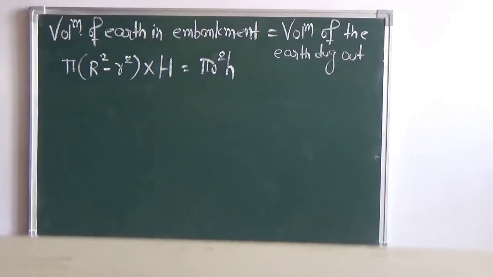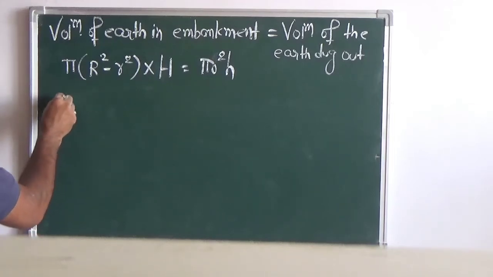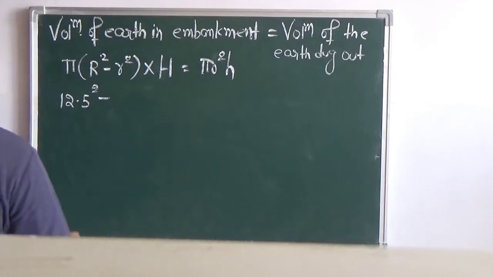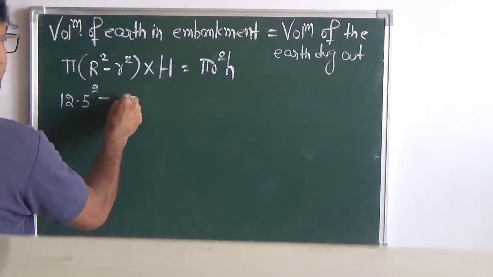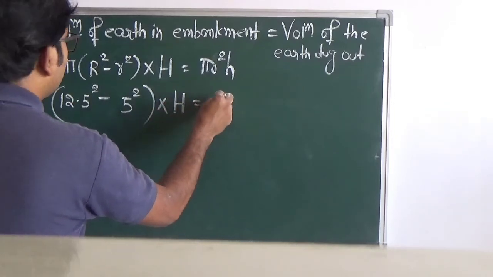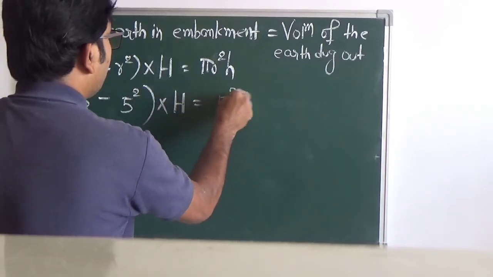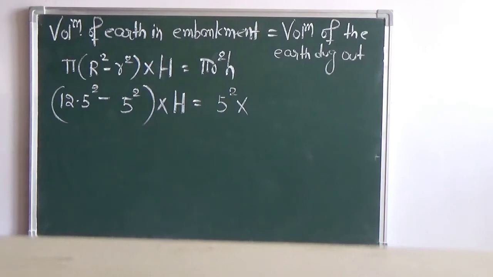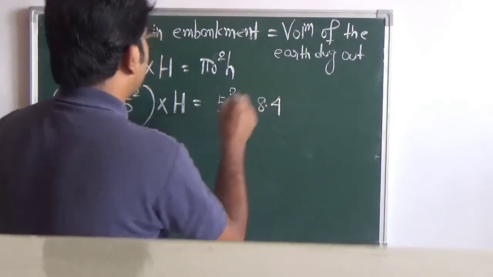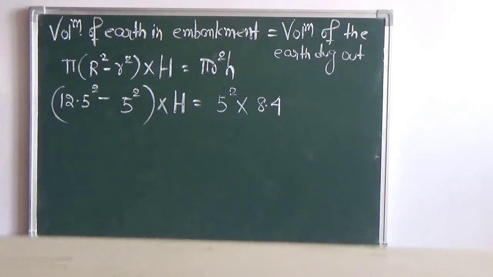Okay, so now we can put the values here. Pi will be cancelled on both sides, so you can write R is 12.5 square minus, what was the value of small r, 5 square, into h. This is r square, that is 5 square, and what is the given height? 8.4 meters deep. So this is 8.4 meters. Now we need to calculate this.